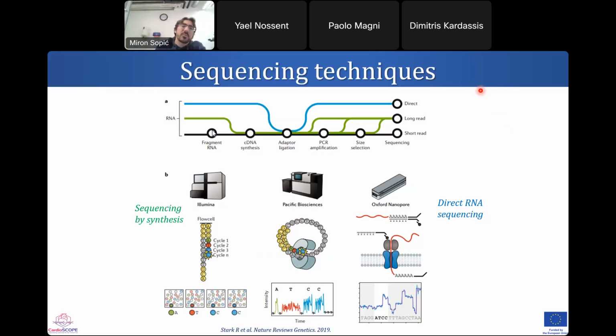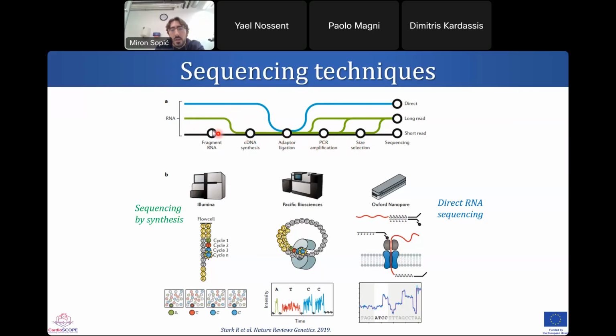Here on this graph, you can clearly see the difference in steps. With direct RNA sequencing, you have a very simple protocol. You have only adaptor ligation, and then you do the sequencing. With the other two approaches, with sequencing by synthesis, you have fragmentation, cDNA synthesis, adaptor ligation, PCR amplification, and if needed, size selection.